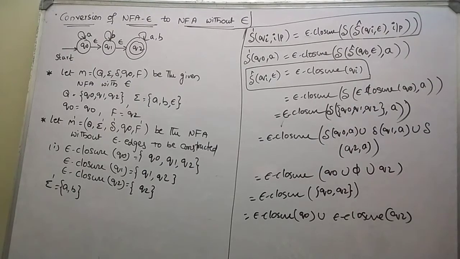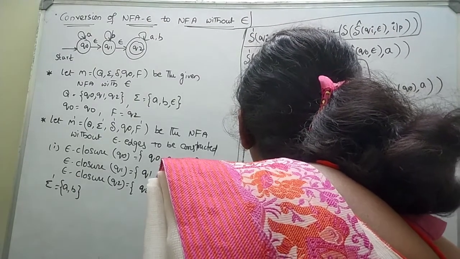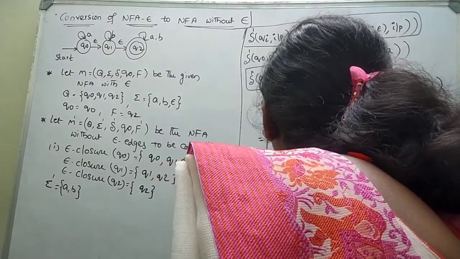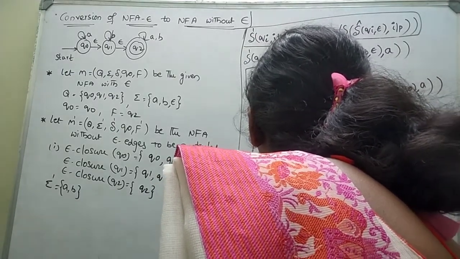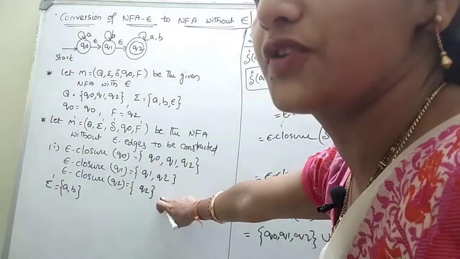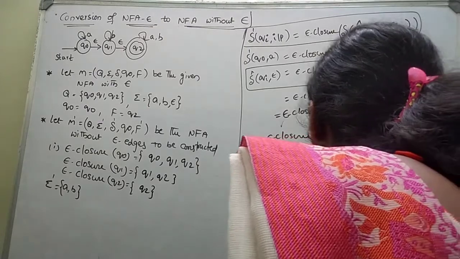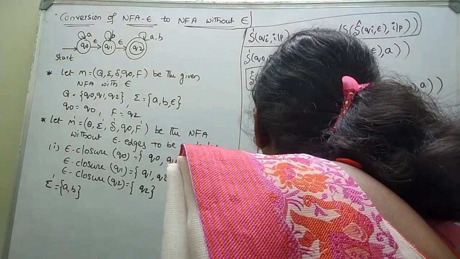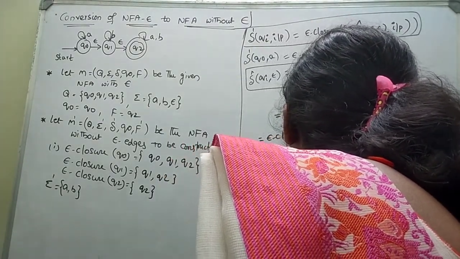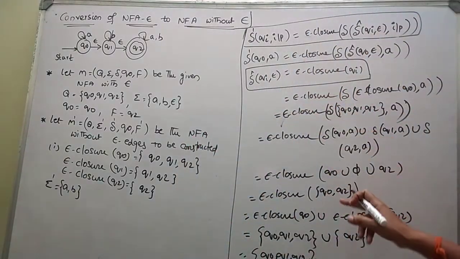Epsilon closure of Q naught is Q naught, Q1, Q2, union epsilon closure of Q2, which is Q2 itself. The resultant is Q naught, Q1 and Q2. Replication is not allowed while we are computing the transition functions.